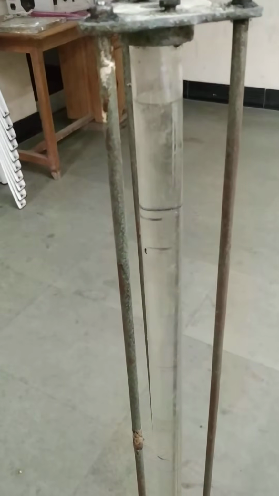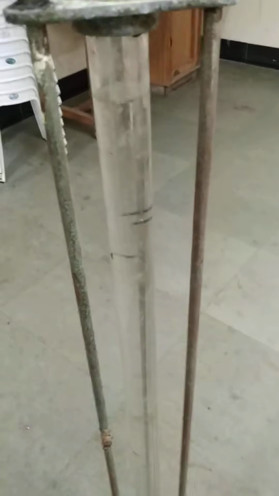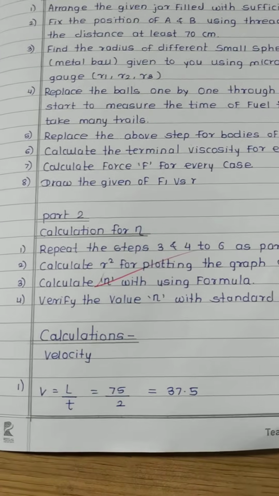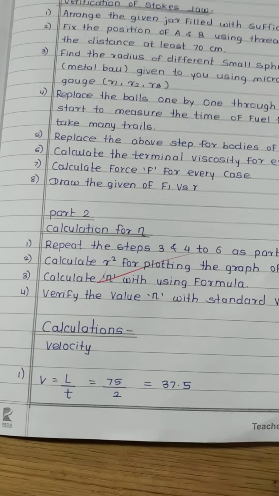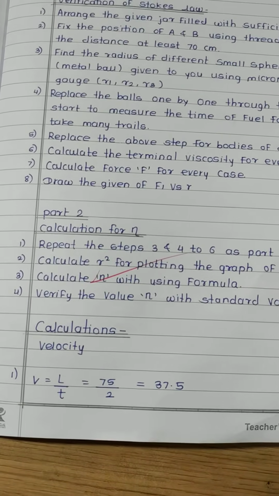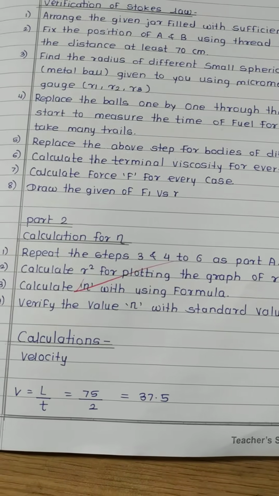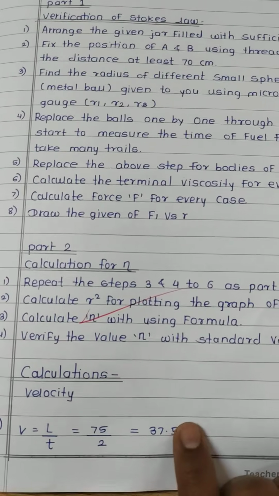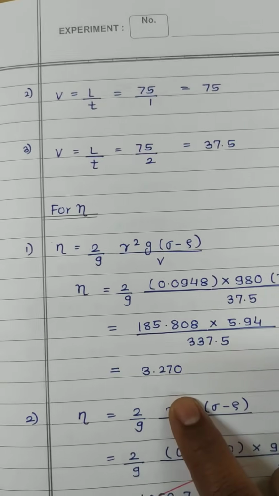So the terminal velocity is L by T, that is, length per unit time. If we have taken the length as 75 centimeter, and the time required for the metasphere to fall through this length of 75 centimeter is 2 seconds, then we get the velocity 37.5.